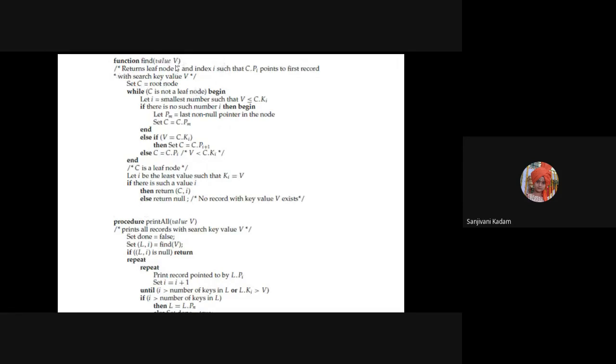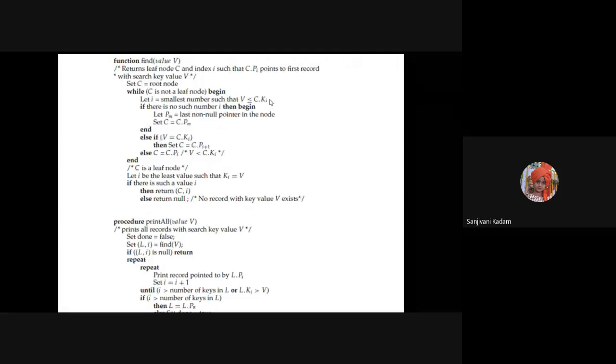Vi is the value which we want to search, and ki stands for the key which we are currently comparing, the search key value which we compare with the vi value. Whether vi is less than or greater than the key decides whether we take the left child or right child. Print all will traverse every element of the tree.